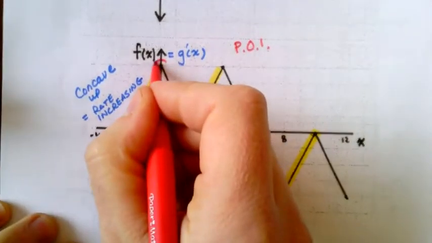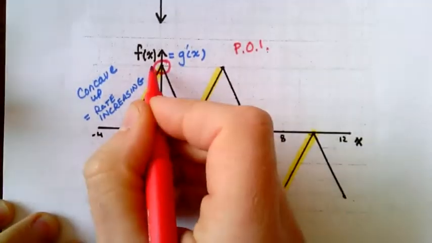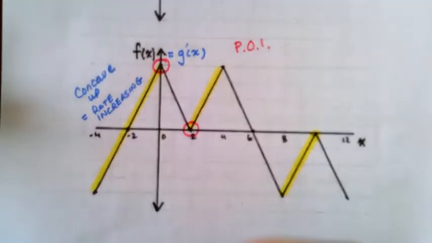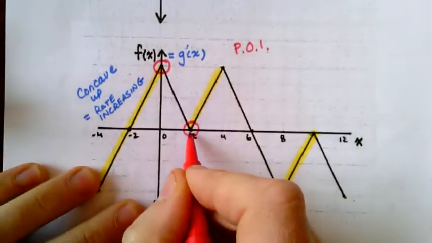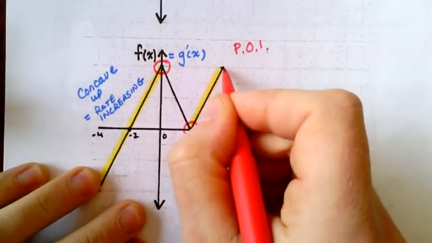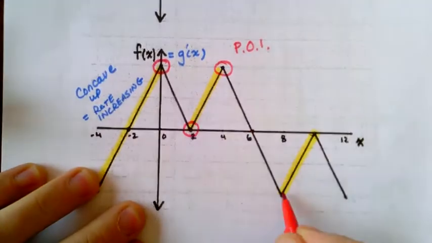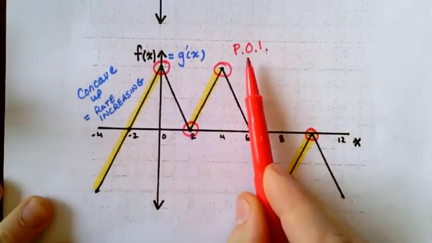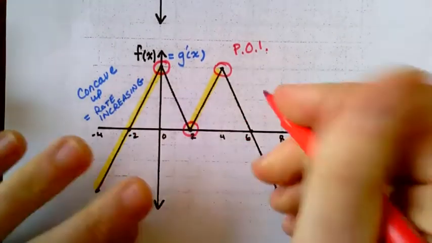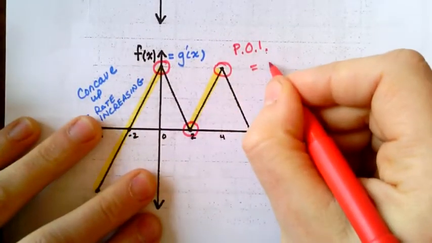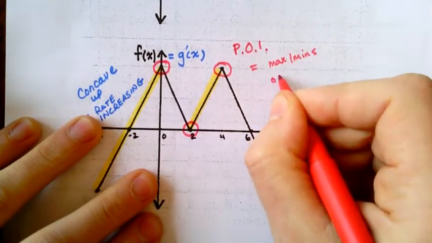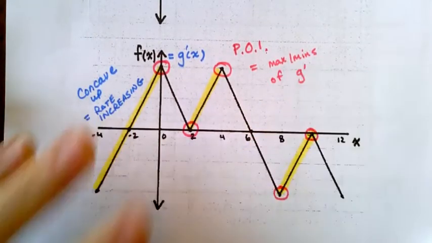Well, right there, it was increasing, now it's decreasing. Right here, it was decreasing, now it's increasing. Right here, it was increasing, now it's decreasing. So there, and then there, and then there. So the points of inflection of the original function will happen at the maxes and the mins of the rate function.